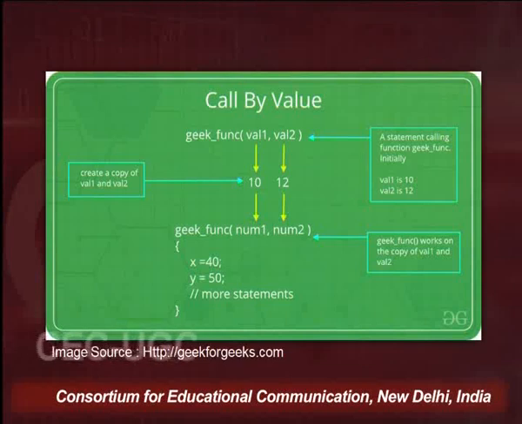No. After the closing statement of this function, only the control is transferred to the main function, and there is no change in the value of val1 and val2, because the value being changed is of num1 and num2, which are copies of val1 and val2. The original values of val1 and val2 are intact.